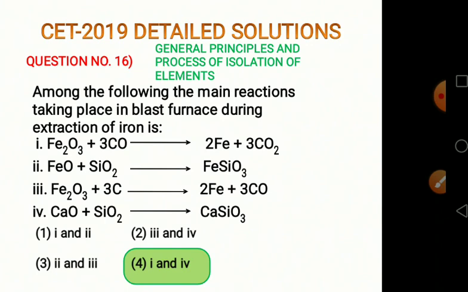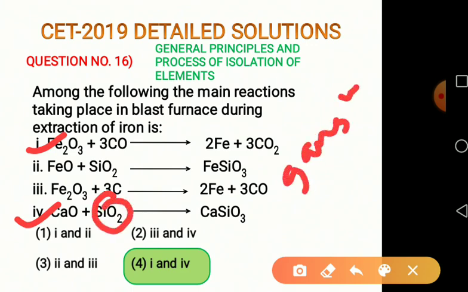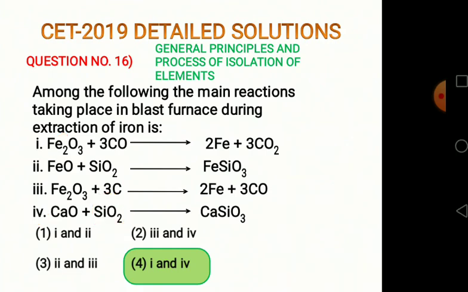So first one should be correct. And CaO plus SiO2 gives CaSiO3, fourth one should be correct because SiO2 is present, that is a gangue particle in this case, and CaO is the flux. Hence remember the answer is fourth one, 1 and 4.